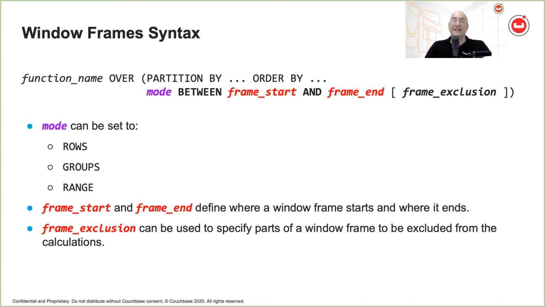It is important to specify that you need to use the order by clause inside your over clause, because that determines the order and the framing that will be selected for each and every row. So let's explore the different modes of the frames and see some examples.